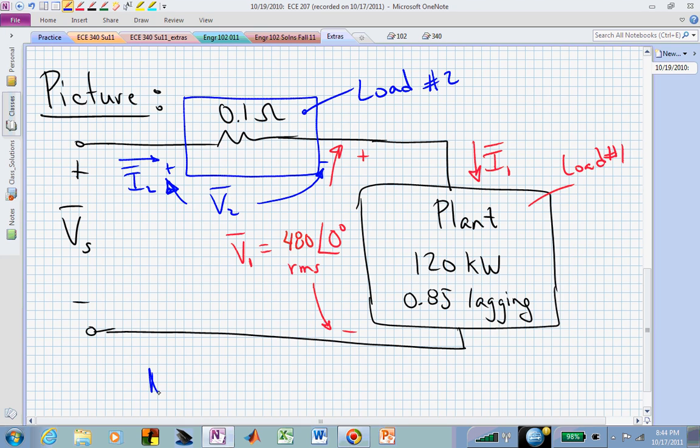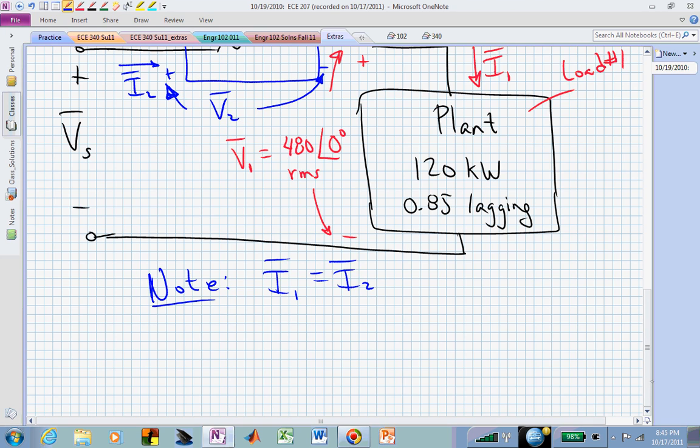Now, since this is two loads in series, the current going through both loads is actually the same, and I may call that just some RMS current, I sub RMS bar.